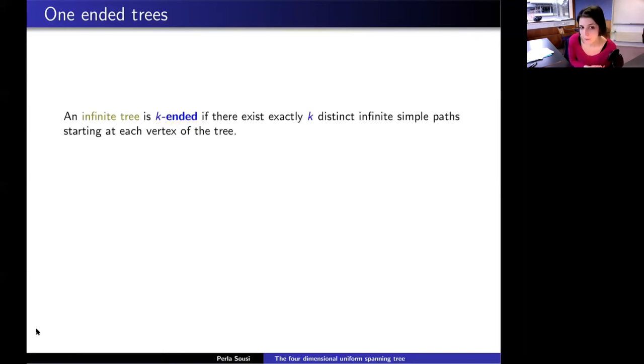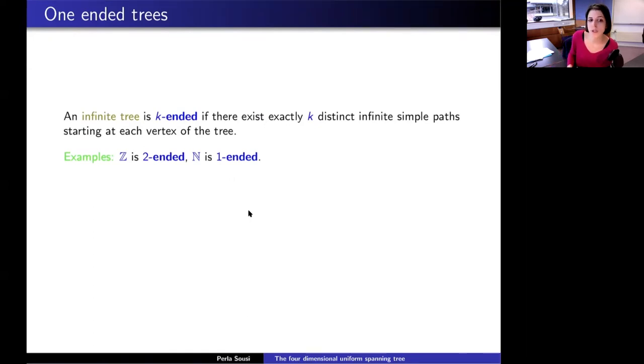If we have an infinite tree, we call it k-ended if starting from every vertex of the tree there are exactly k distinct infinite simple paths that start from this vertex. So the integers Z form a two-ended tree, while the natural numbers are one-ended.